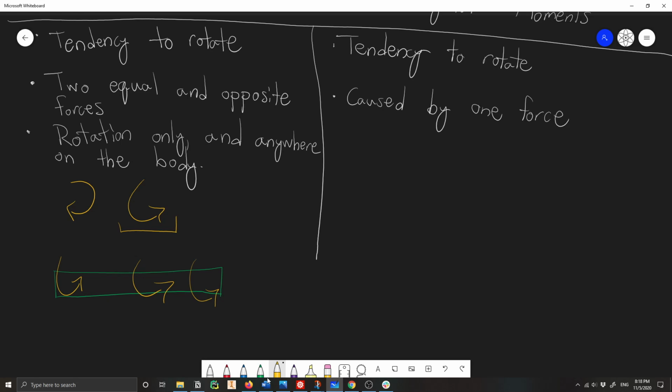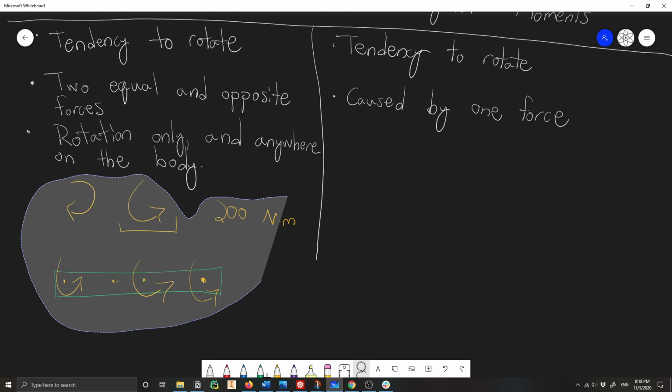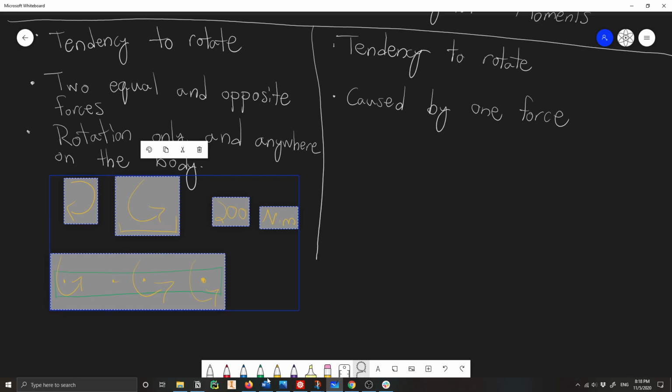And that should make sense. If I have a couple moment with a magnitude of, say, 200 Newton meters, that's going to be 200 Newton meters no matter where I place it. So it could be here, here, here, here. Wherever I place the couple moment, its magnitude is going to be 200 Newton meters. Okay? So it's going to cause rotation no matter where I place it.